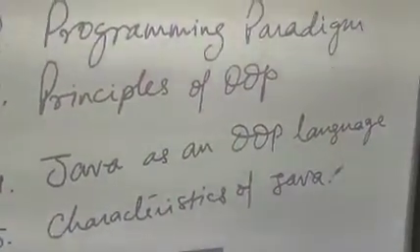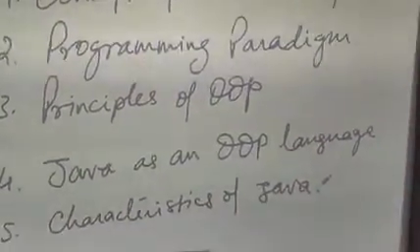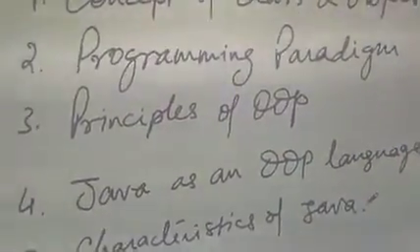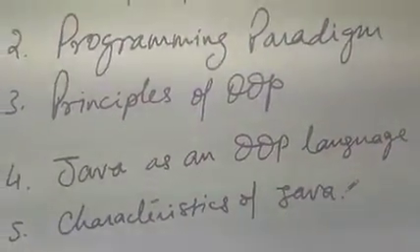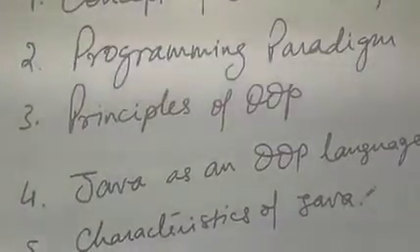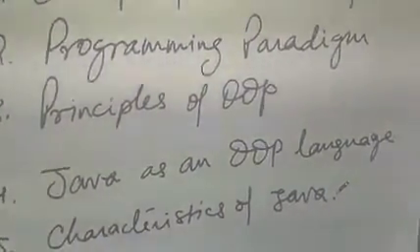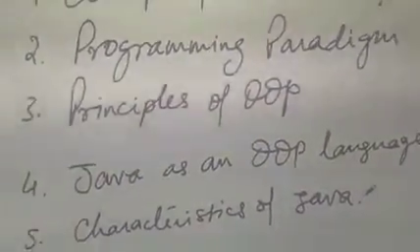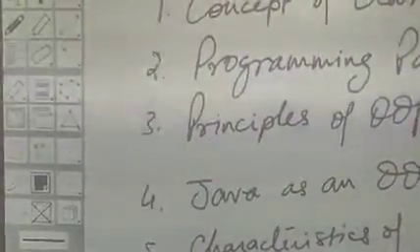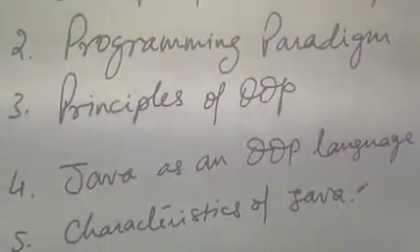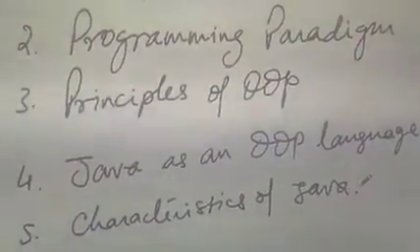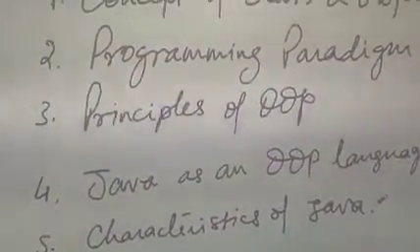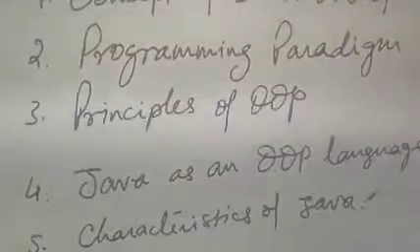Being an OOP language, Java is platform independent. That means it can work on any given platform. A platform means the combination of hardware and software. For any given combination of hardware and software, Java will work by changing its interpreter. That's why we use a term called WORA: write once, run anywhere.